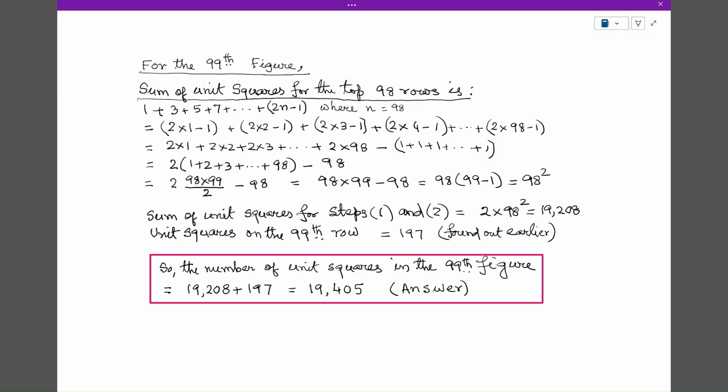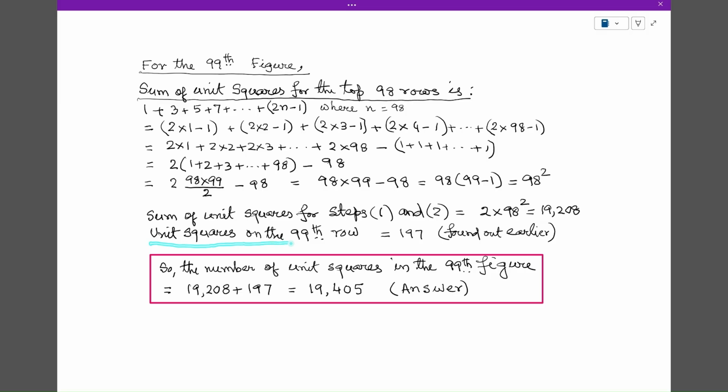So, the sum of unit squares for steps 1 and 2 is 2 multiplied by 98 squared, which is 19,208 unit squares.